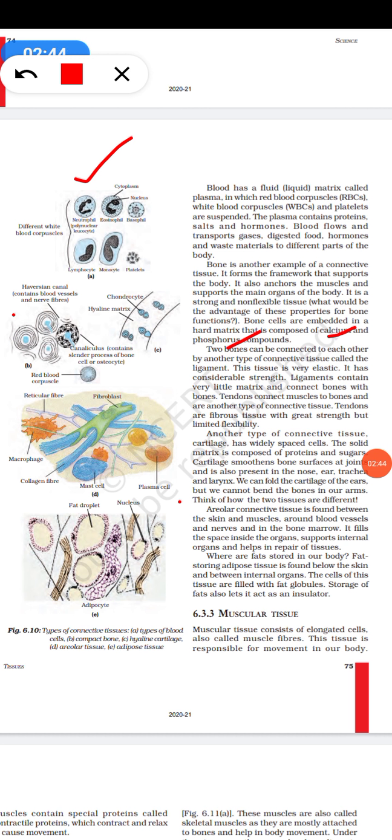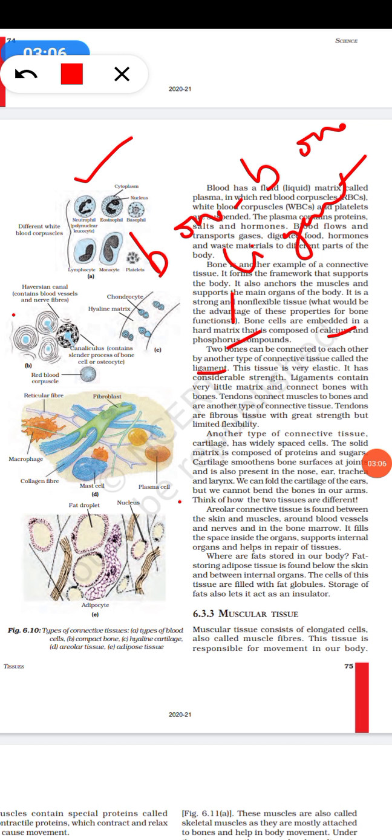Now, two bones are connected to each other by a connective tissue called the ligament. So bone to bone is connected by a ligament, and the tissue is very elastic and has considerable strength.